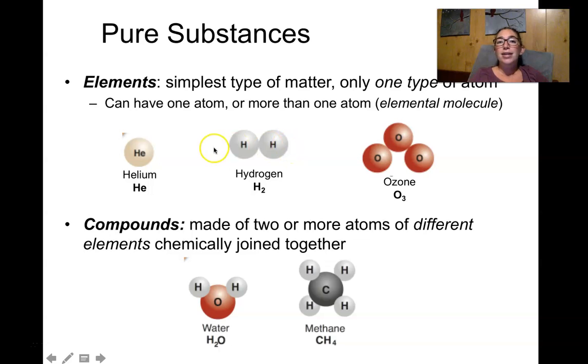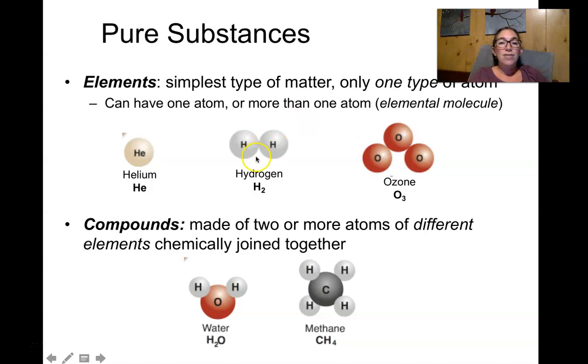Hydrogen, though, likes to pair up with another hydrogen atom. So pure hydrogen gas is actually H2. It's these little doublets of hydrogen, but it's still just one element. It's still hydrogen. So even though it consists of these two atoms bonded together, it's still an element. Same thing with ozone. Ozone is actually O3. It's 3 oxygen atoms bonded together.